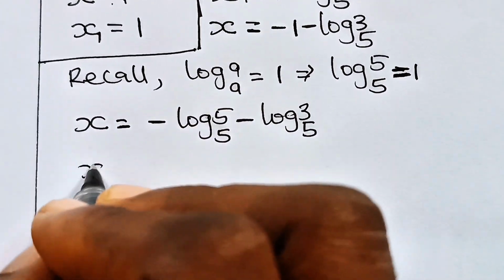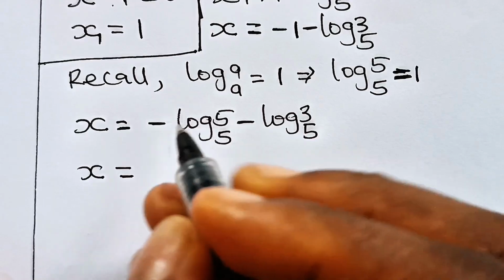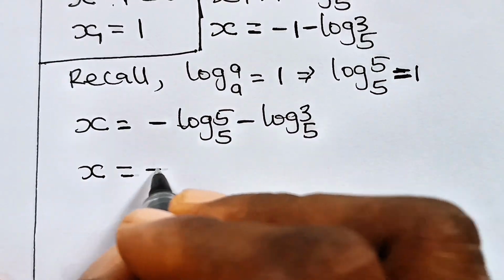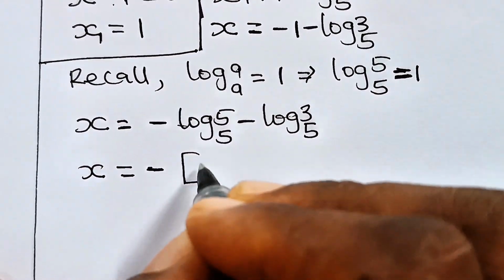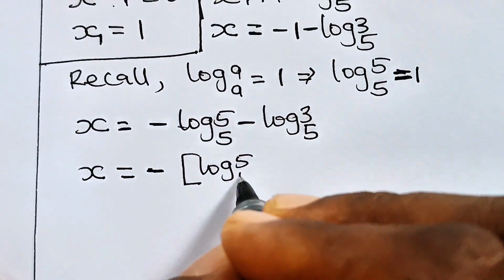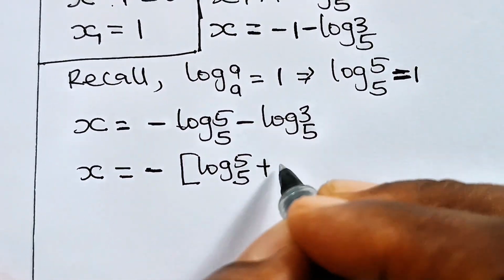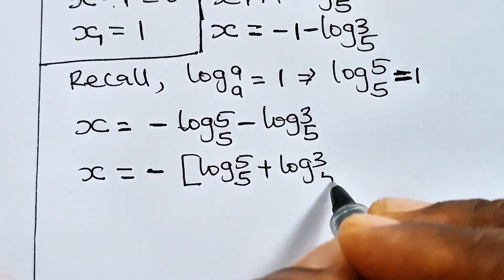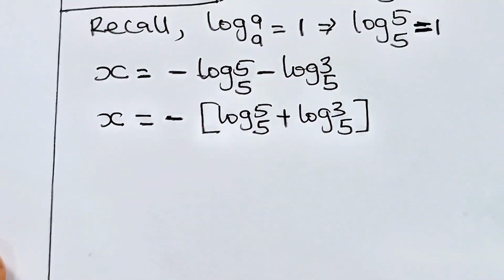So we have x is equal to, let's factorize, minus, this will now be log 5 base 5 plus log 3 base 5. Okay?